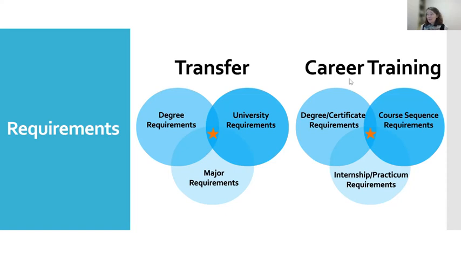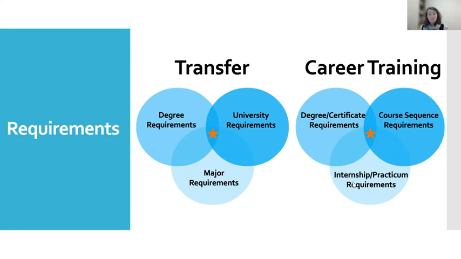And for career training, similarly, you need to look at what are the specific requirements for your degree or certificate. It may be really important to think about sequences. Because you're learning specific skills, they often build on each other. Or courses may not be offered very often, and so you need to plan carefully when you take particular classes.